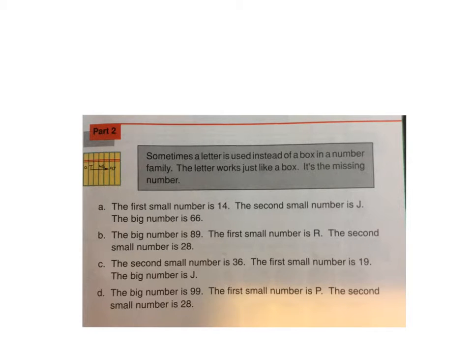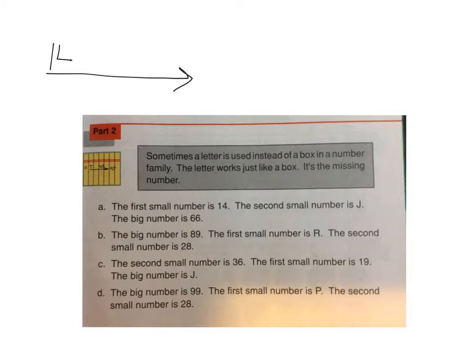So let's read what it says first. It says the first small number is 14 and the second small number is J. The big number is 66. So I'm going to set up a number family just like I would if they were asking for a box, but this time they're asking for a letter. So I'll make my number family, and it says the first small number is 14.